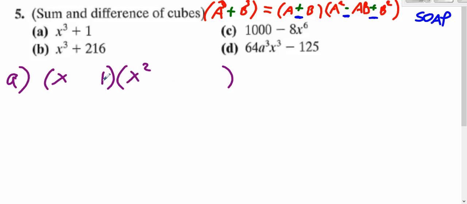Multiply together. 1 times x is 1x. And then you square. 1 squared is 1. Square, multiply, squared, which is also the 3-letter thing for text messaging, SMS. So maybe you can remember that.